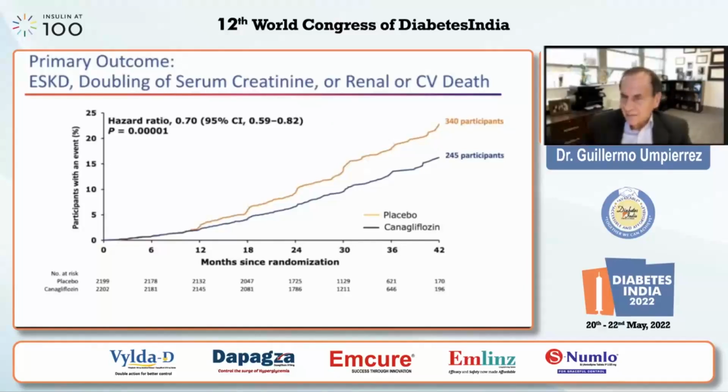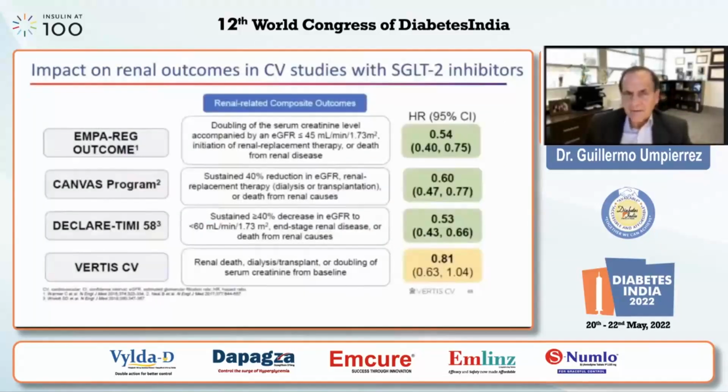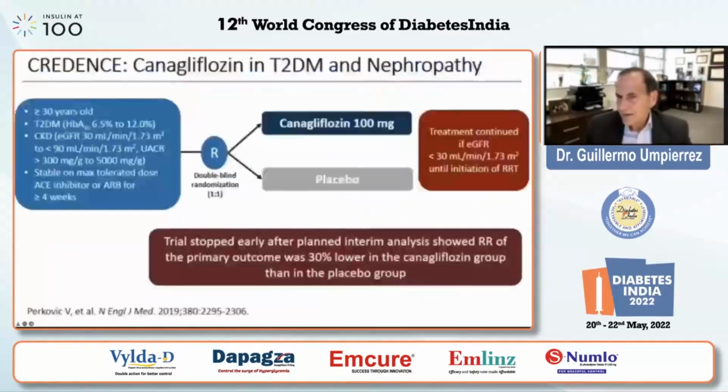So data on EMPA, data on CANA has been very impressive. And if you look at the others, it's the same. All of them, except VERTIS with ertugliflozin, have shown that you decrease doubling of serum creatinine and death from cardiovascular and renal causes by about 40 to 50%.